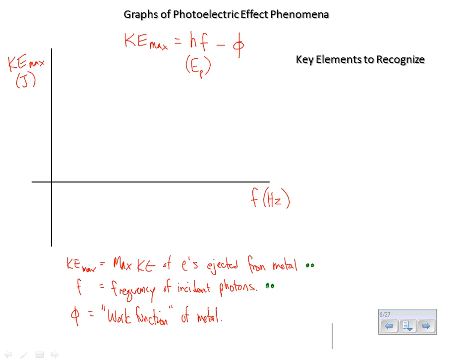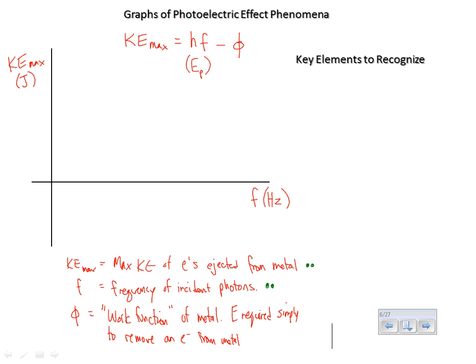It's characteristic to each different metal; each metal has its own phi. And this refers to the energy required simply to remove an electron from the metal.